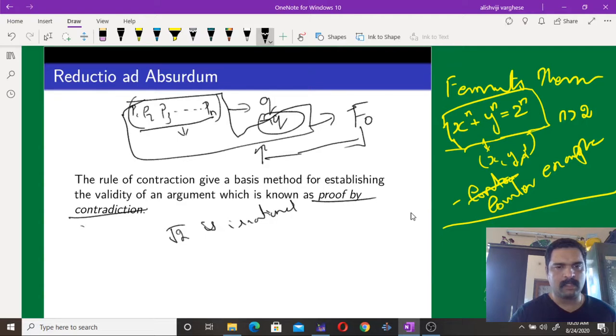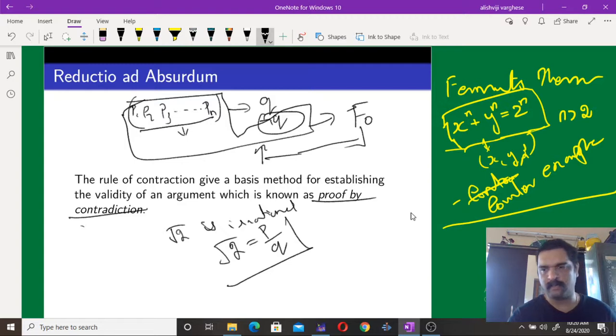Here we give the proof by assuming that, if possible, root 2 is rational. So we assume that root 2 is equal to a rational number, say p by q, and if we make a number of simplifications, then this argument leads to a contradiction.